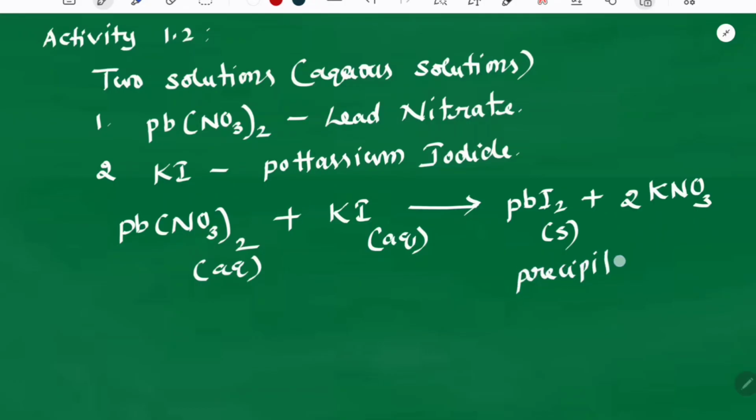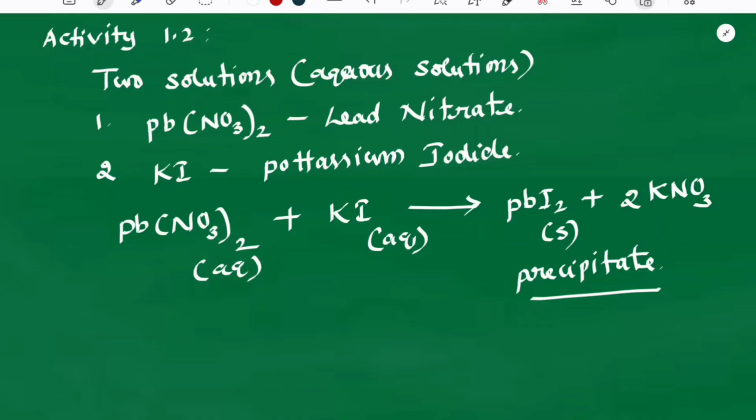We will discuss the precipitate also. What is a precipitate? The substance which is formed in a chemical reaction and does not dissolve in water is called a precipitate. Here lead iodide is formed in the chemical reaction, but it does not dissolve in water.